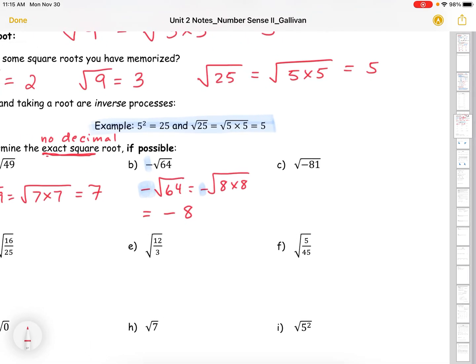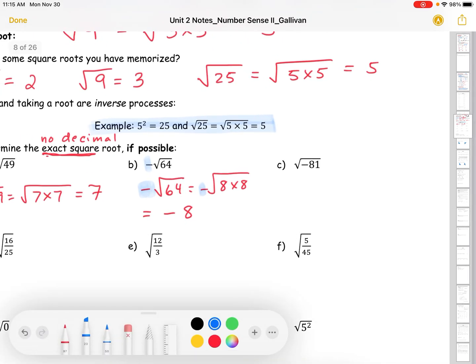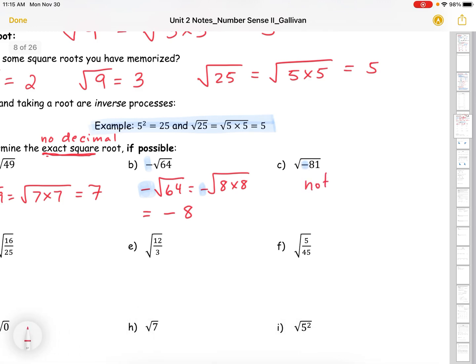Now, if you have a negative sign underneath the radical, there is no answer. It's not possible because think about our integer rules. You can't multiply a negative times a negative and get a negative.